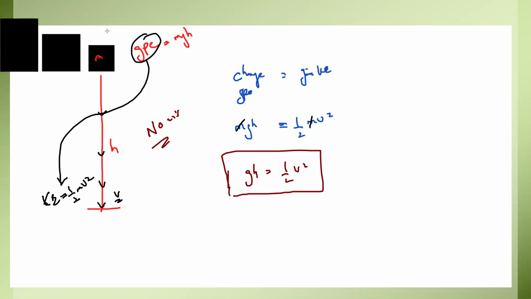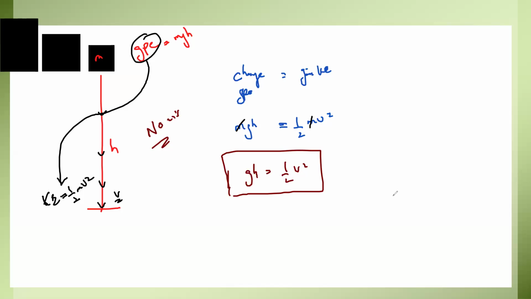So half mv square will be equal to mgh, so gh is equal to half v square. So mass is not a factor. This formula also confirms that for falling objects without air resistance, if there is no loss of energy, then gravitational potential energy equals kinetic energy, or gh equals half v square. This is the case when there is no loss of energy.